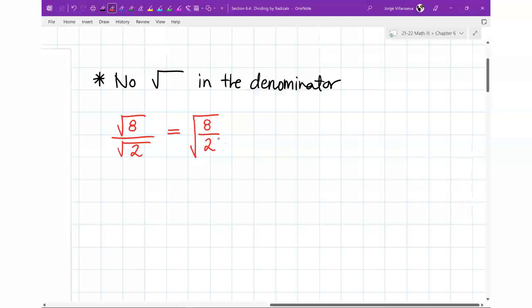And 8 divided by 2, well, that's 4, and the square root of 4 is what? 2. And you're done. Notice how there's no square root in the denominator. There's not even a denominator, right? So sometimes you can get rid of the square roots by just simplifying the problem.